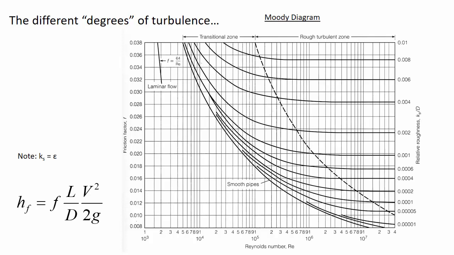Okay, so this h sub f formula here, the Darcy-Weisbach equation, is estimating how much energy is lost due to pipe friction as the water goes from 1 to 2. If the water's flowing through a channel from 1 towards 2, we know that the pressure is going down.